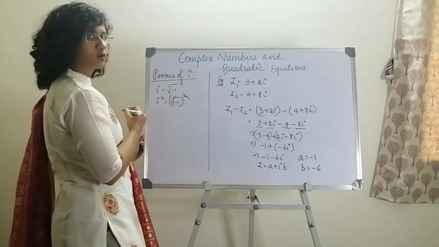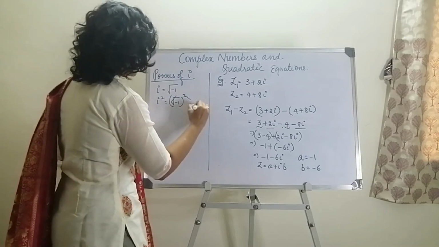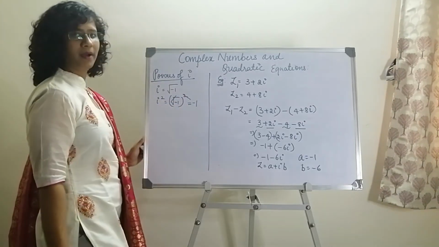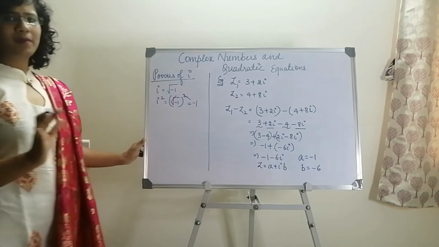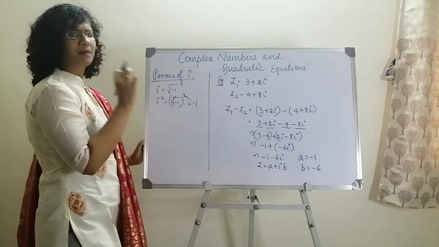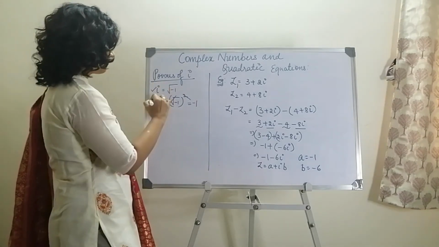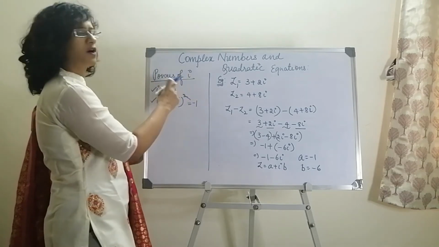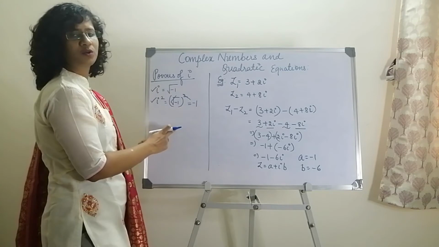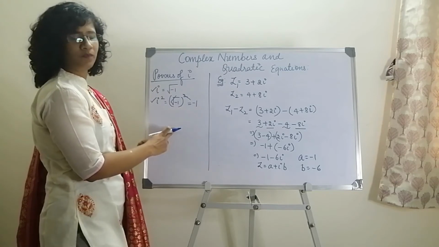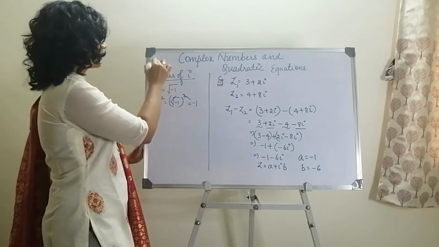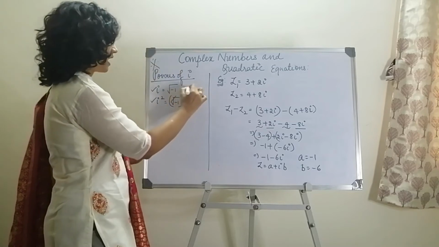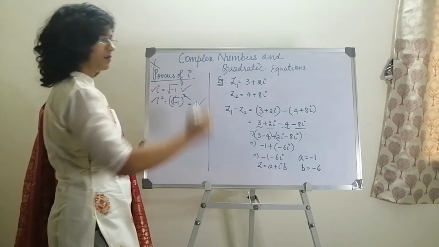Square and square root will get cancelled. I will get i square is equal to minus 1. So in complex numbers, very importantly, if you know the values of i and i square, any power of i can be substituted and the values got. So very important is your i value and your i square value.